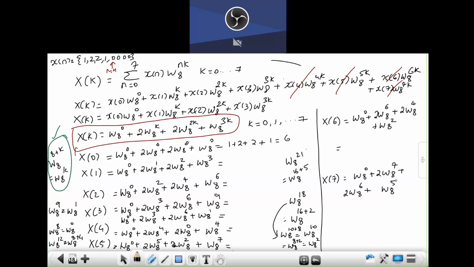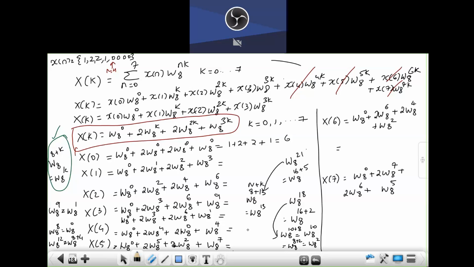Or again, go step by step: W8 power 8 plus 13, W8 power n plus k.